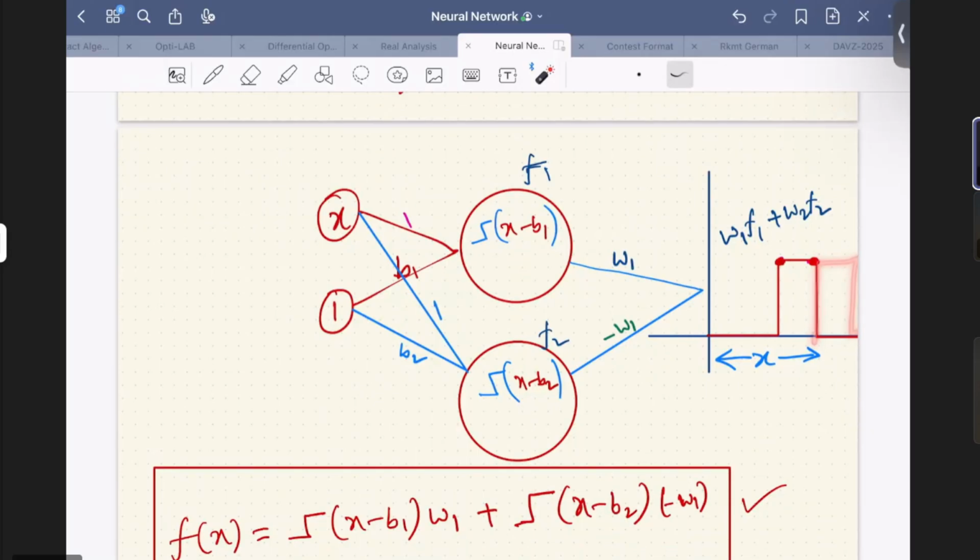How many extra neurons are required for that?